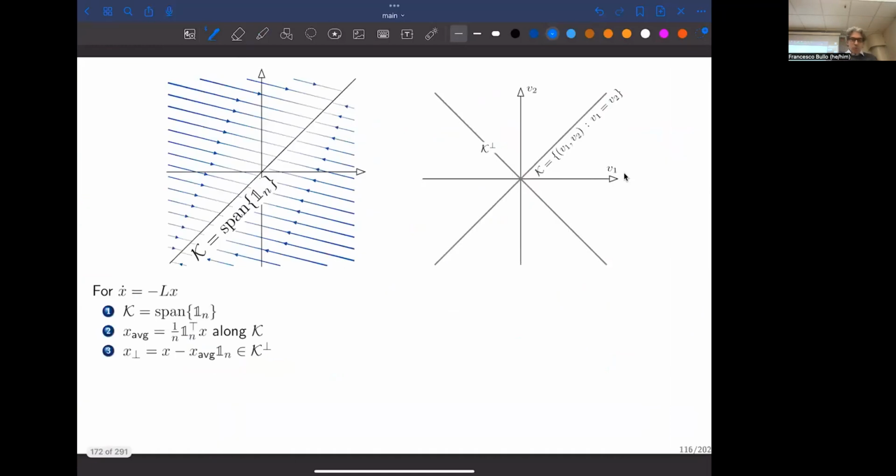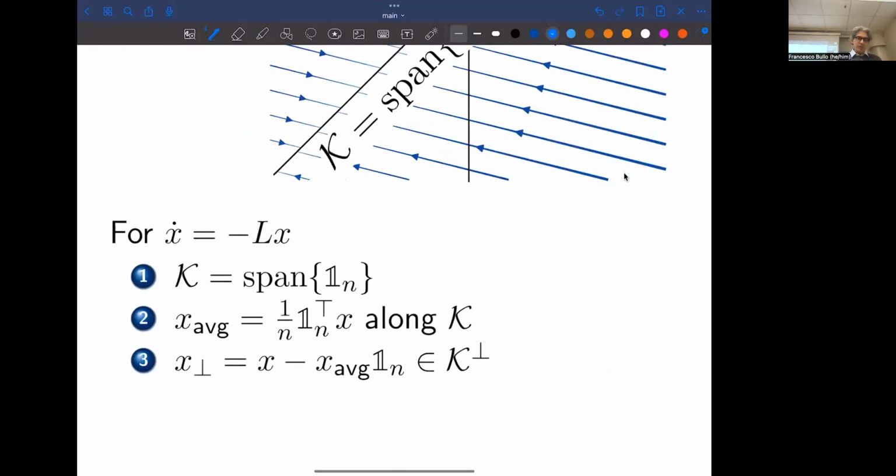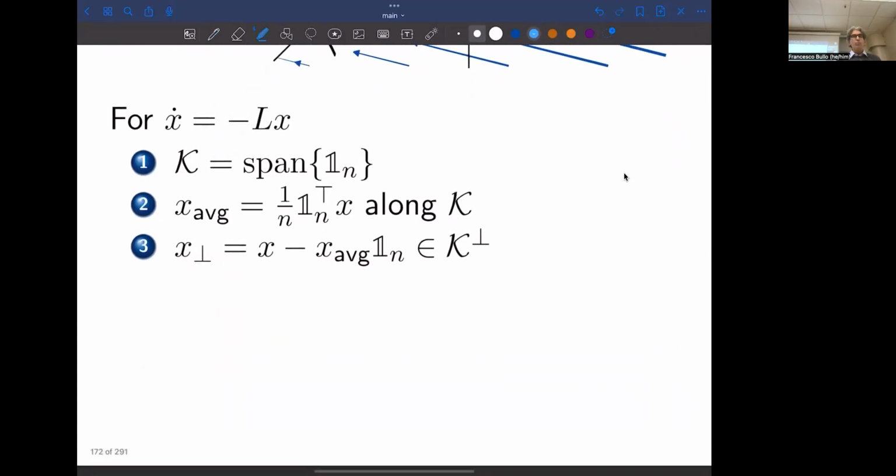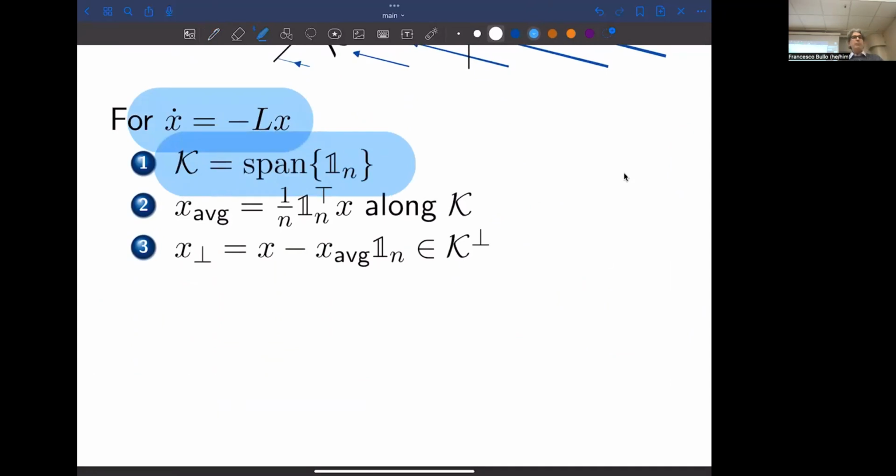Okay, so a canonical example of this is, let me do this quickly because I do not want to talk about consensus algorithms for too long, but we're all familiar with this literature. If you have something called the continuous time Laplacian flow defined over a graph, suppose under some graph theoretical connectivity condition that the kernel of the Laplacian matrix is a subspace generated by the vector 1n, then you can take the state of the system, compute the average, which is a projection along the kernel, and the perpendicular component of the state.